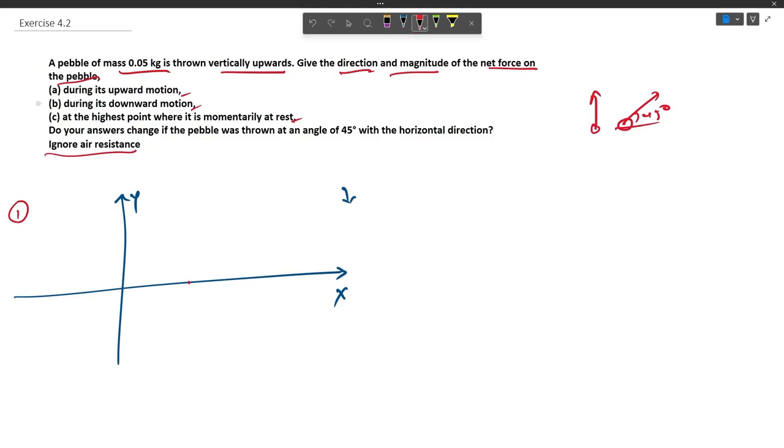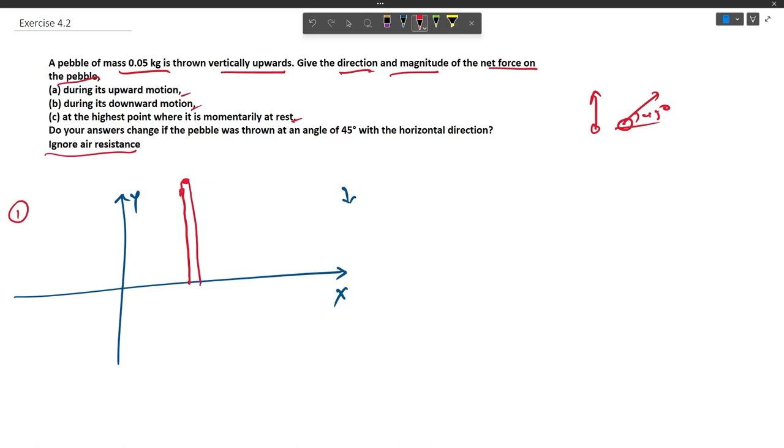Now there are three cases we have to discuss: the upward motion, the downward motion, and the highest point. When the pebble is thrown upward, its velocity will diminish with time, and there will be a point when it becomes zero, called the point of highest reach, and then it will go down to the ground.